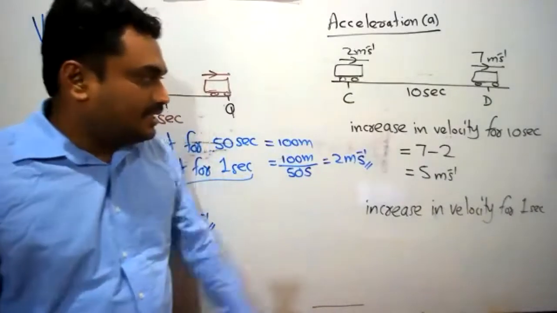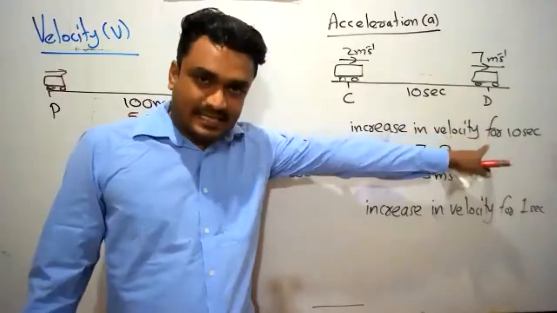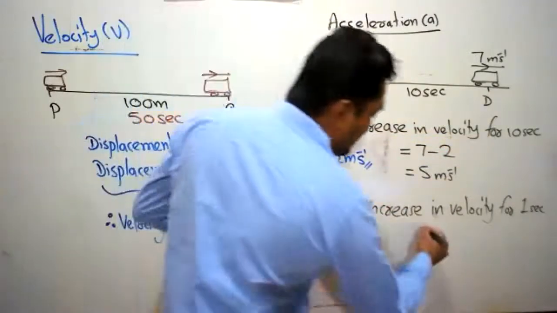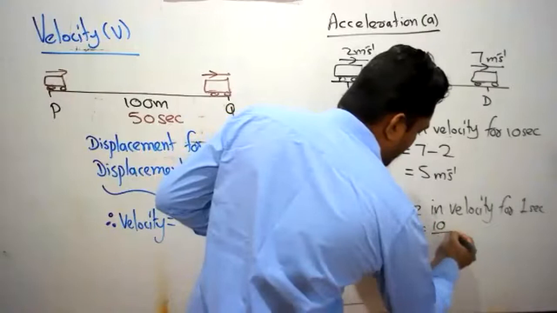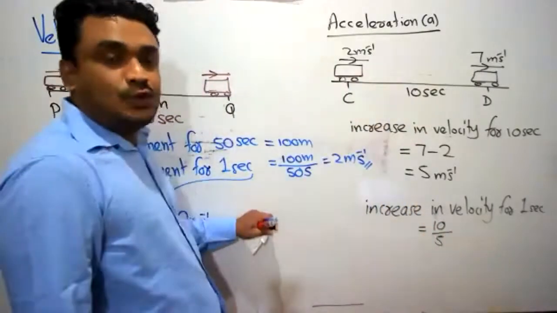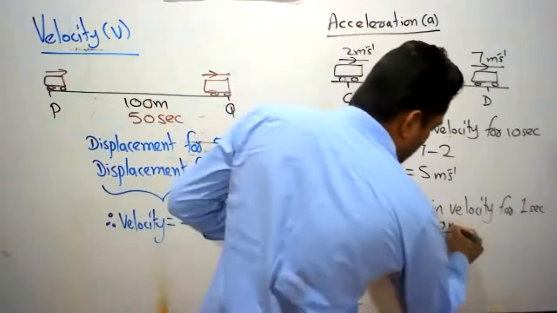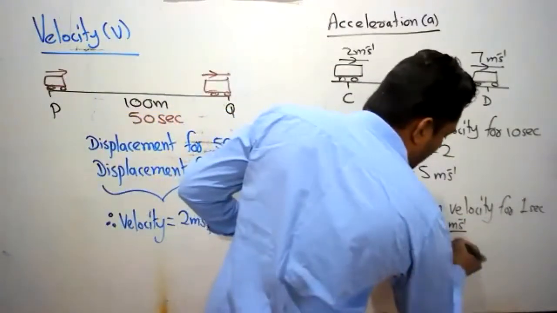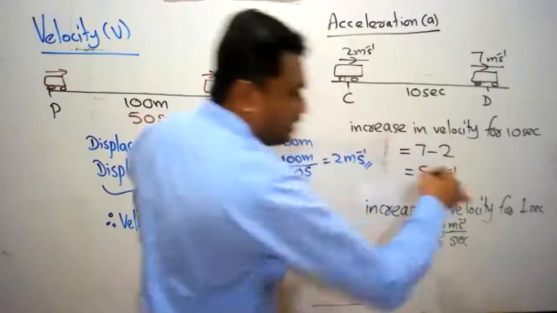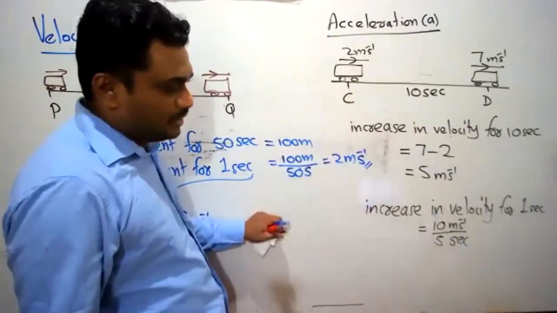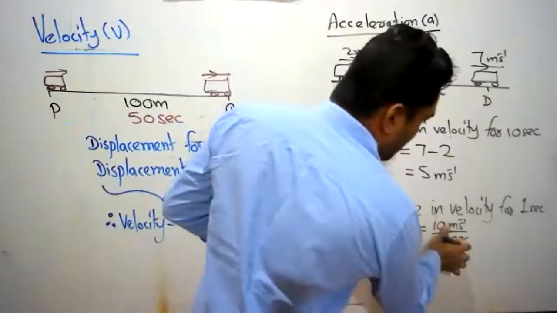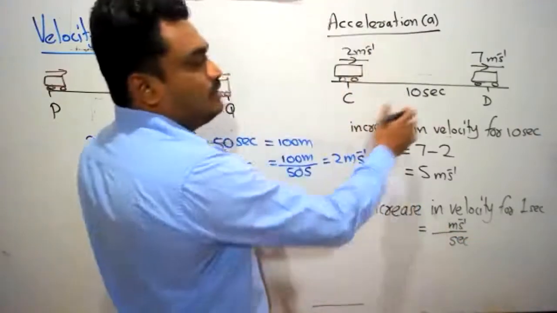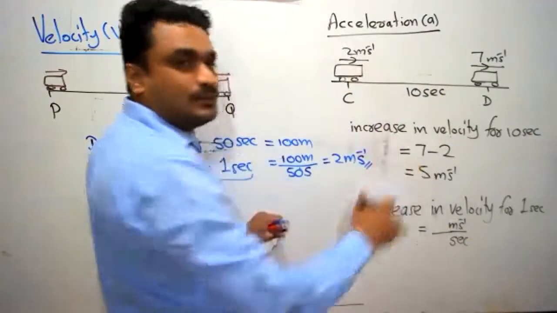How do you find it? Increase in velocity for 10 seconds is 5.